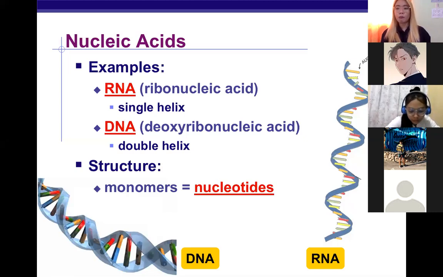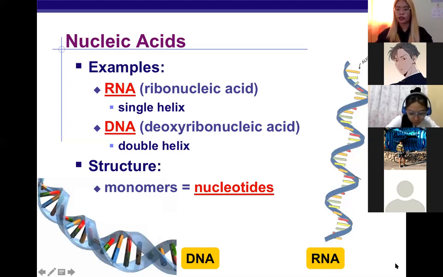But one of the most well-described differences between RNA and DNA, of course, is the number of strands. We all know that DNA is a double helix or double-stranded nucleic acid. So, dalawa siya. It is also helical in nature, meaning they wound around each other.